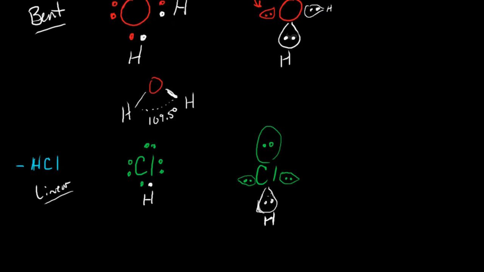And so the hydrogen and the chlorine just makes a line. It's just 2 points. It's a linear molecule, even though it's got these electrons sticking out the back over here. Okay?